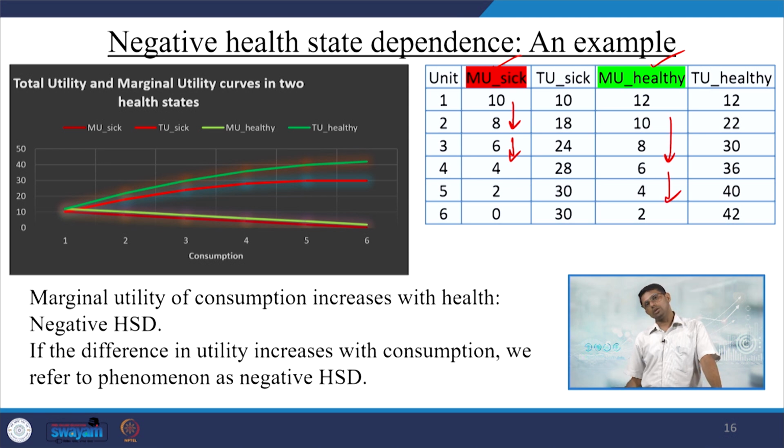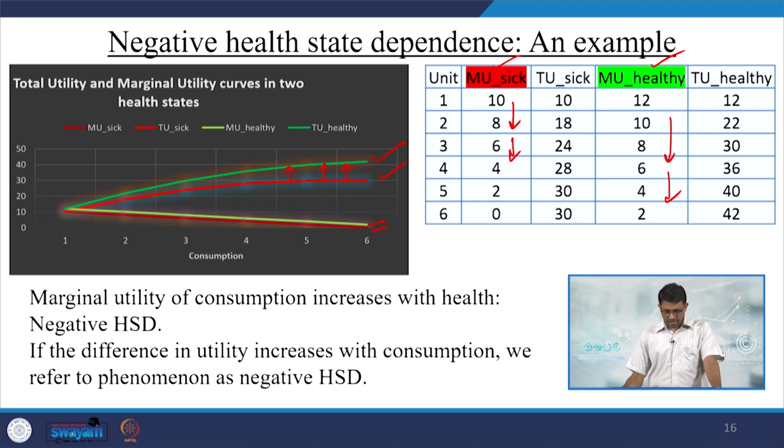However, in the total health case, you will find a major change. The gap actually increases. Okay. Of course, in the marginal case, the health state dependence will be different, okay, in the healthy as well as unhealthy cases. In total utility cases also the gap increases. Okay. So, that was emphasized in our previous slide as well.